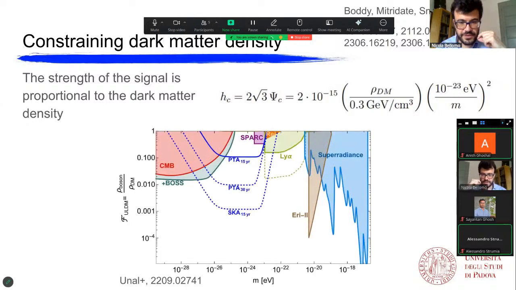And what future forecasts showed is that with even decades of SKAO data, we are going to be able to constrain the amount of fuzzy dark matter in our galaxy to the percent to per mil level.